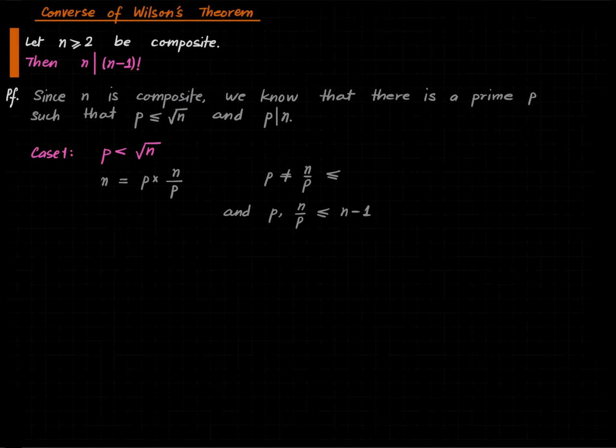If at all there is some problem here, that will be for some small n, so just choose n as some large number, like at least 10 or something. So they are distinct numbers, and both of them are at most n minus 1. And therefore their product will divide n minus 1 factorial, because in the expression of n minus 1 factorial, these two distinct numbers appear. So they divide n minus 1 factorial, and therefore n divides n minus 1 factorial.